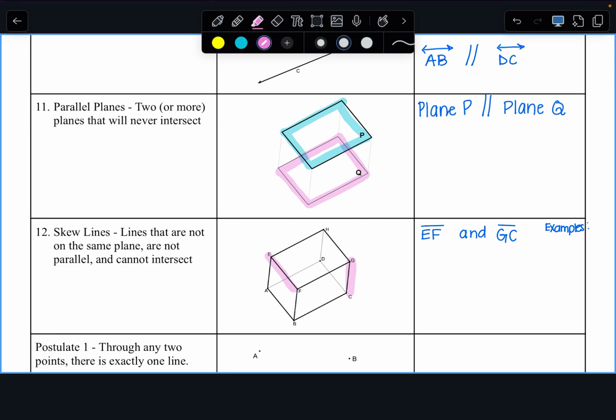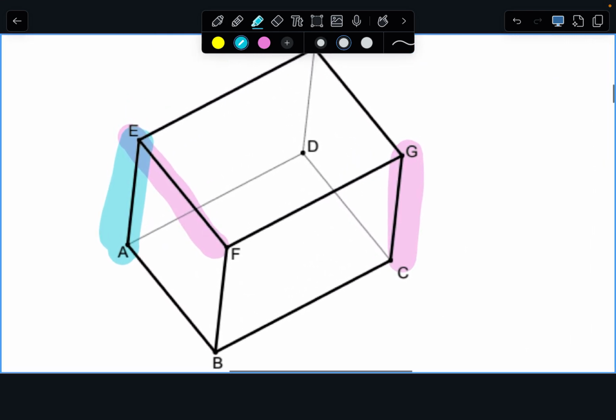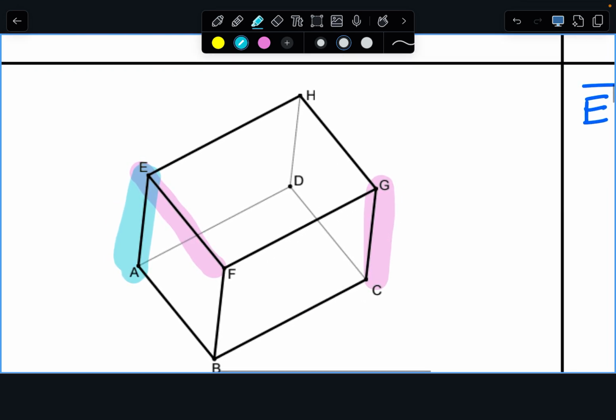Let's choose another one. EA. Can anybody tell me one other line segment that is not parallel and will not touch? Anybody? So if we zoom in here and we're looking at the blue, EG would not, because there's no line between EG. Let's try again.